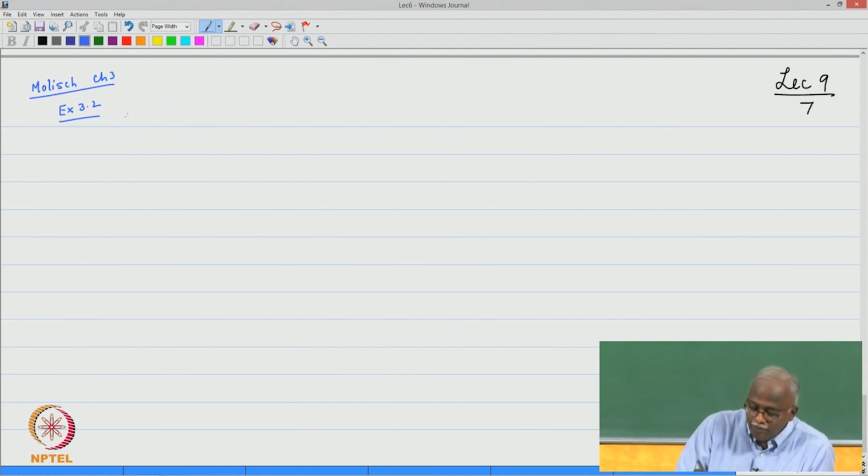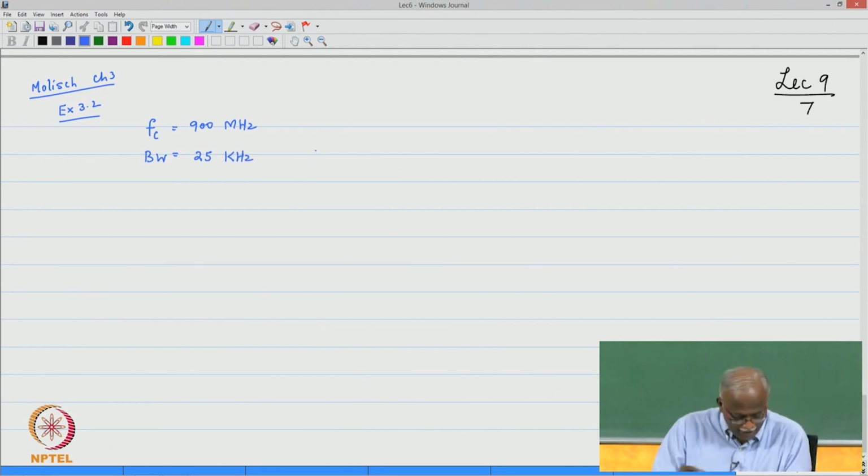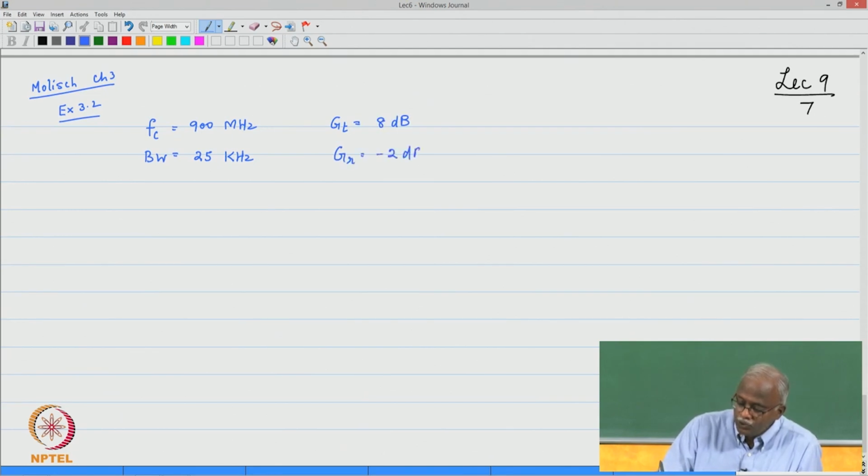So the problem statement is that I have a signal that is at a carrier frequency of 900 megahertz. The bandwidth of the signal is 25 kilohertz, and we are given that there is a transmit gain of 8 dB and a receive gain of minus 2 dB, and there are several losses in the system, of the order of 2 dB.